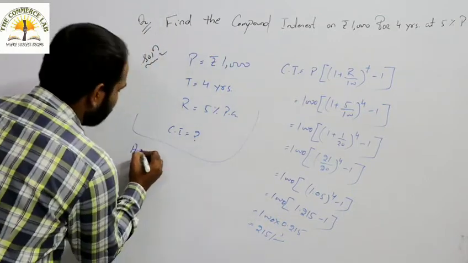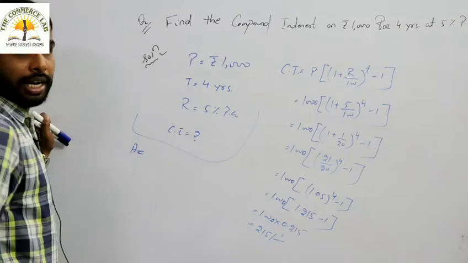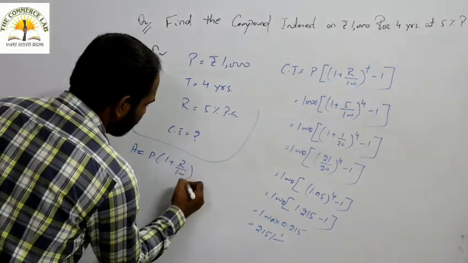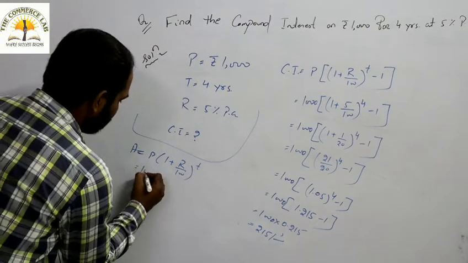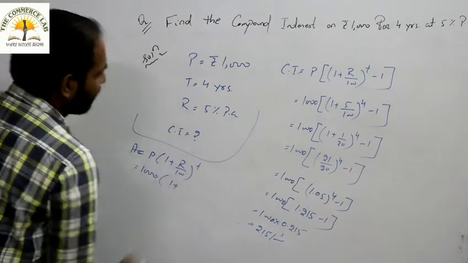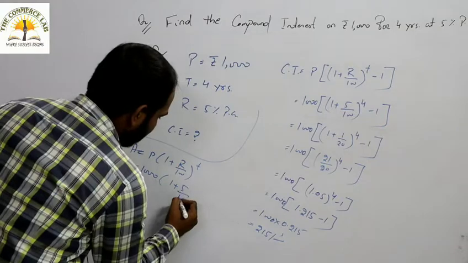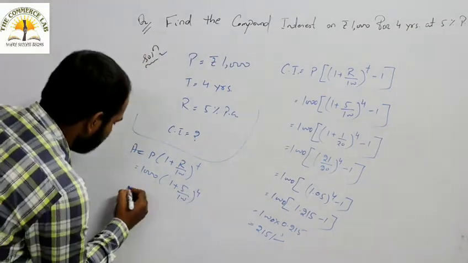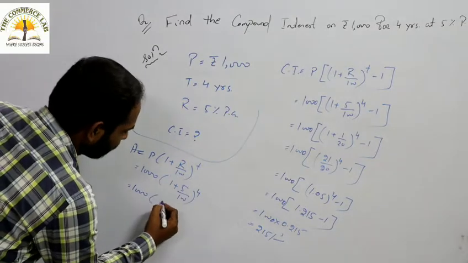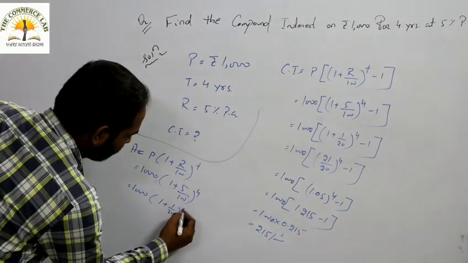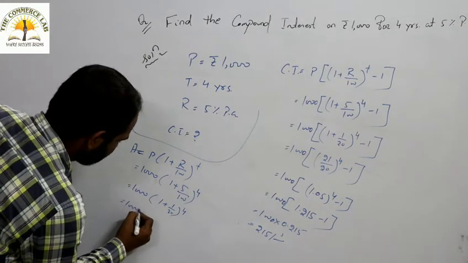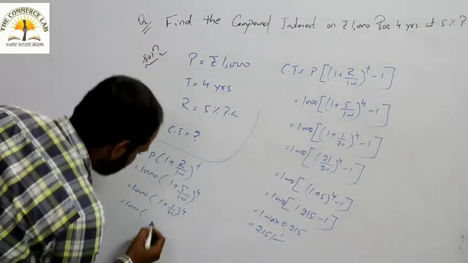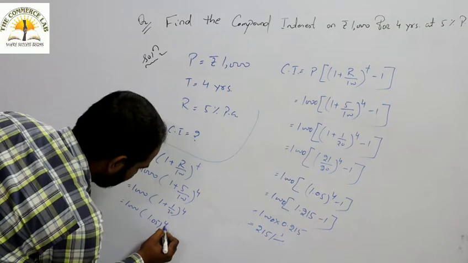First find out the amount. Amount equal to the formula P into (1 plus R by 100) to the power T. P is your 1000 rupees, 1 plus 5 by 100 to the power 4, equal to 1000 into (1 plus 1 by 20) to the power 4. 1 plus 1 by 20 is 21 by 20, that is 1.05 to the power 4.